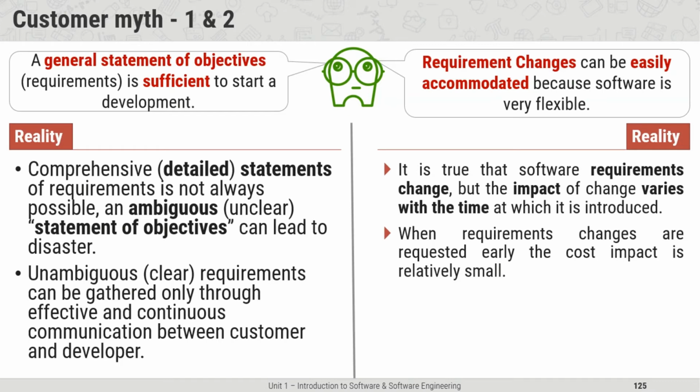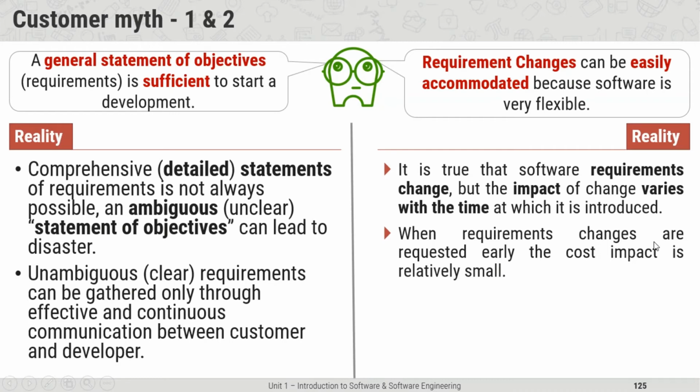But now your product is created and you are about to deliver it to the customer, and at that time the customer says that I just want to make a change at this particular point. So now you have to spend a lot of time in all of the phases from which you have started. So it is essential at what particular time the change in requirement is introduced.